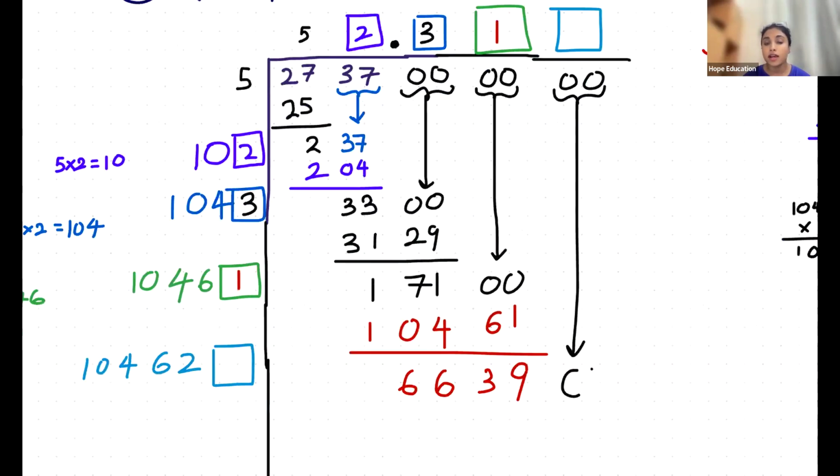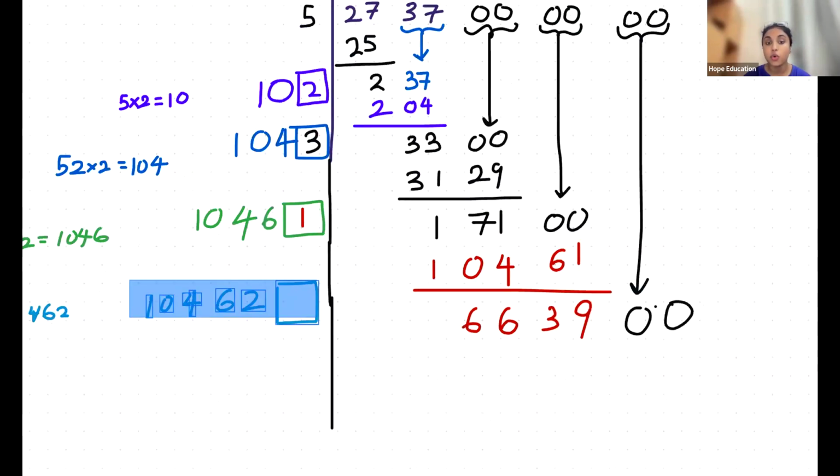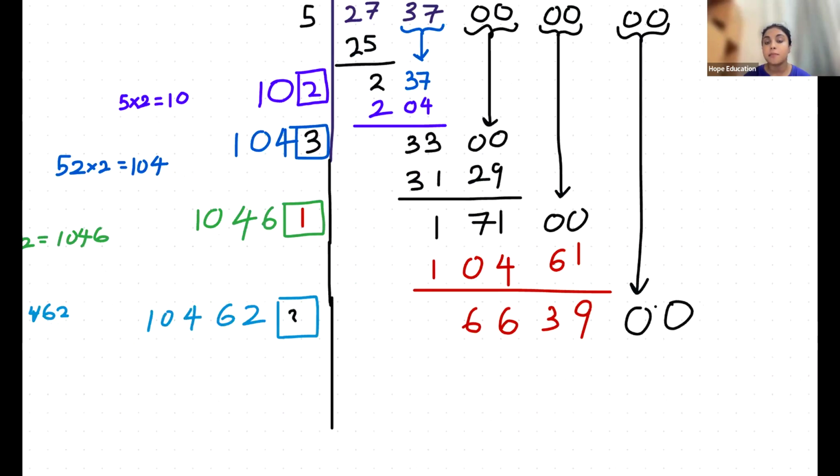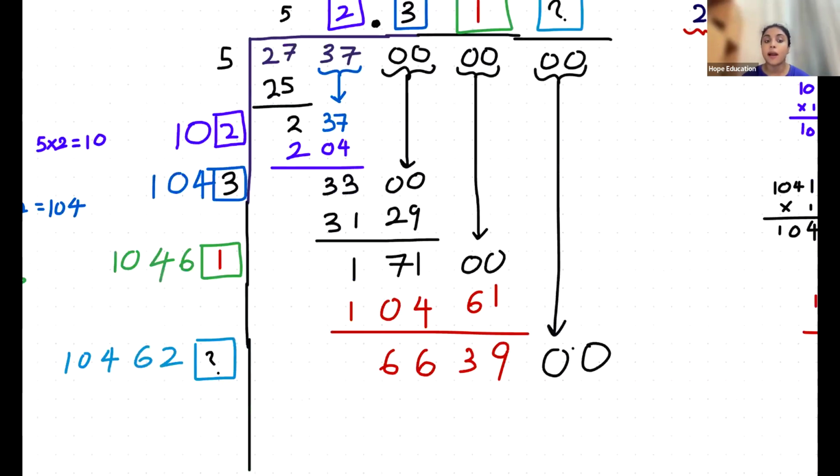So what do I have here? 663,900. And here I have 10,462. And I have to put a certain number here. That same number I should put here. And now we'll figure out that number together.